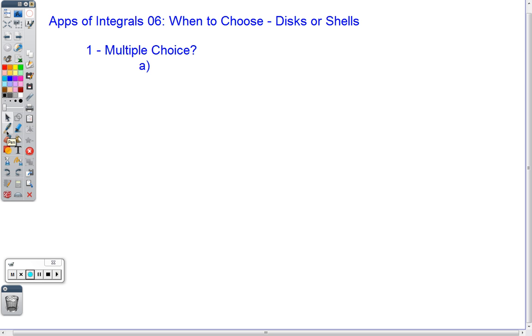If you're doing a multiple choice question and it says, set it up but don't solve, and you have a multiple choice question such as this, and all of your answers look like that. Are you using disks or shells? Disks. Right?